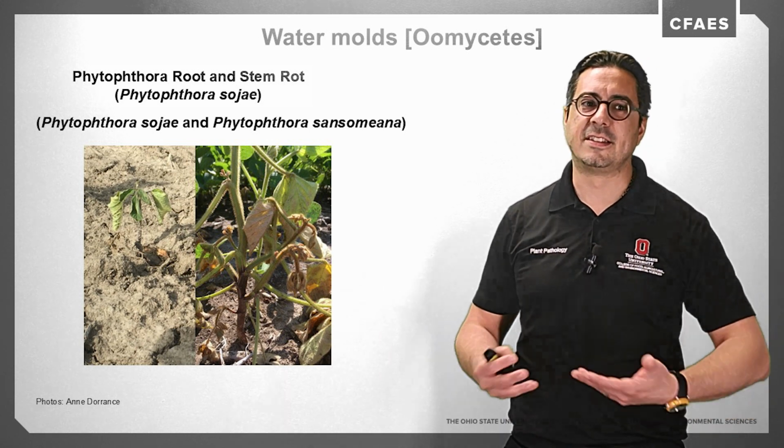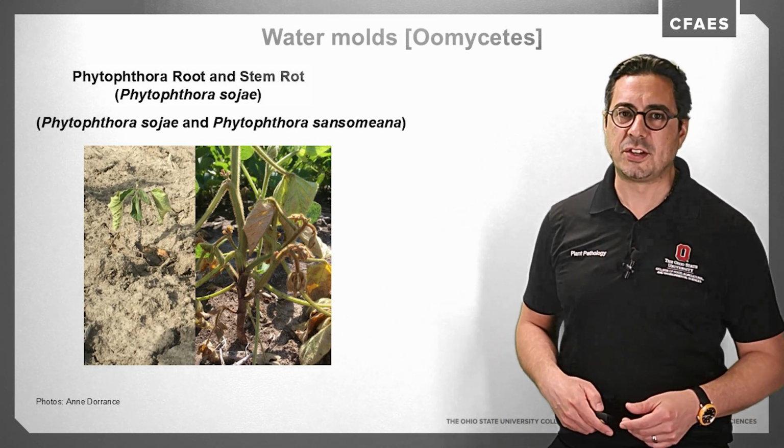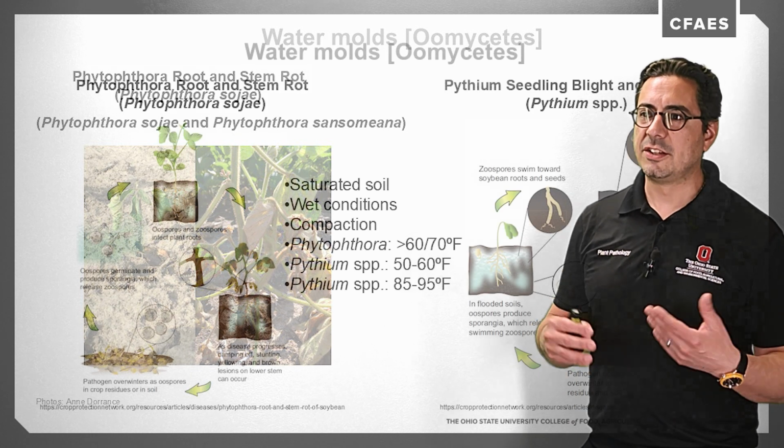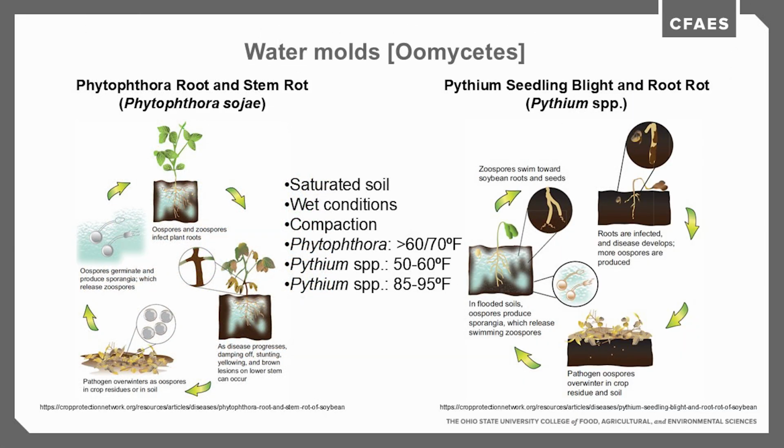There's a lot of diversity in terms of different species of these water molds in Ohio, and looking at the life cycle of these organisms, or the disease cycle, we can see that they really require standing water. So saturated soils, wet conditions, compaction will all enhance the severity of these water mold issues.